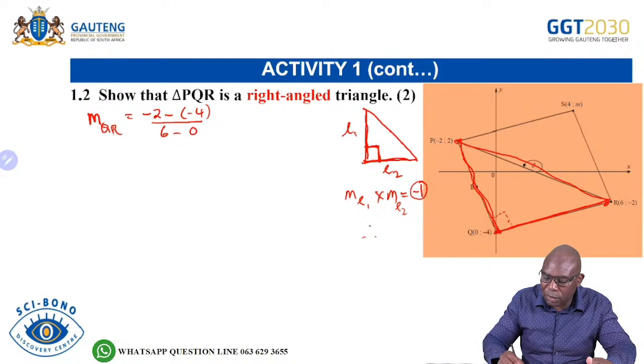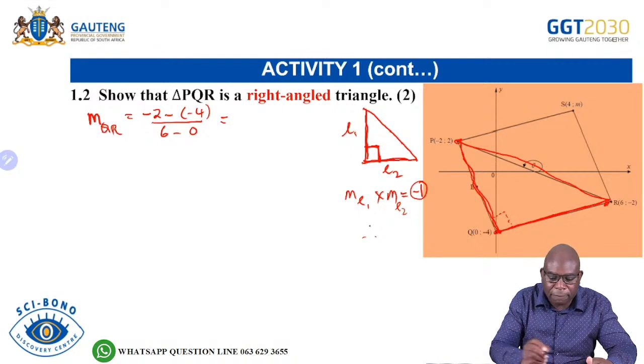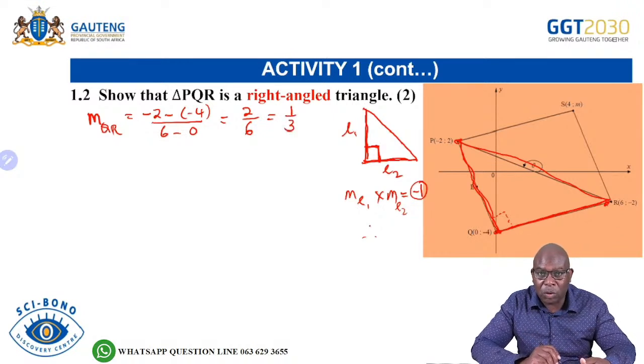That is the gradient of this line here. So I'll have a 2 there, and I have a 6, which is going to be 1/3. So the gradient of that line QR is going to be 1/3.